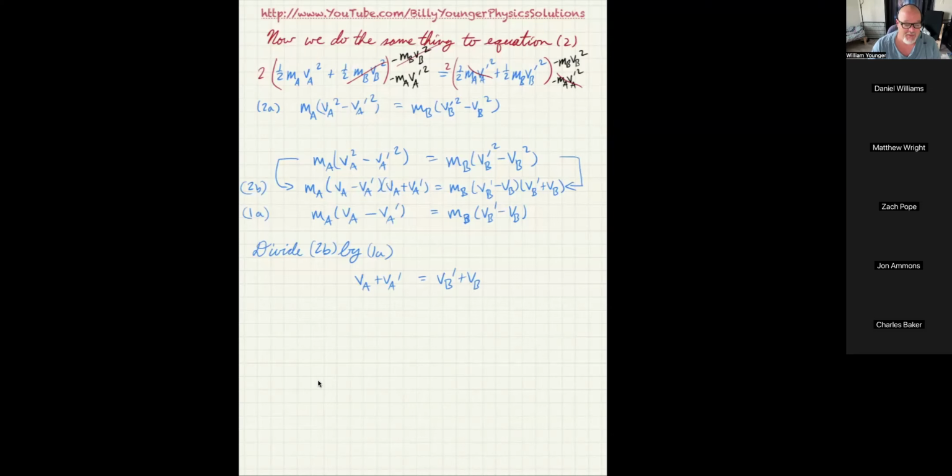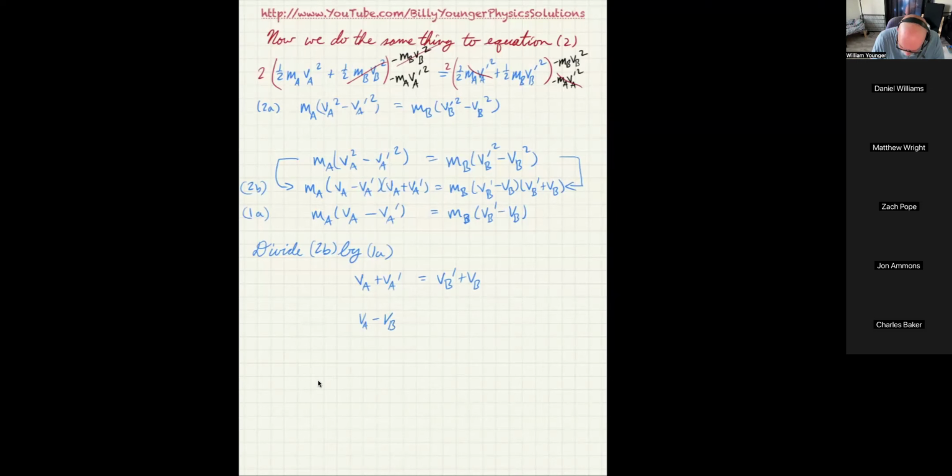So what we have now is a new equation that in some sense is a combination of the first two. So we can use that in lieu of using one and two together, and then we could just use one with it, or we can use two with it, and that'll give us a lot of stuff. And in fact, the way we normally write it is VA minus VB.